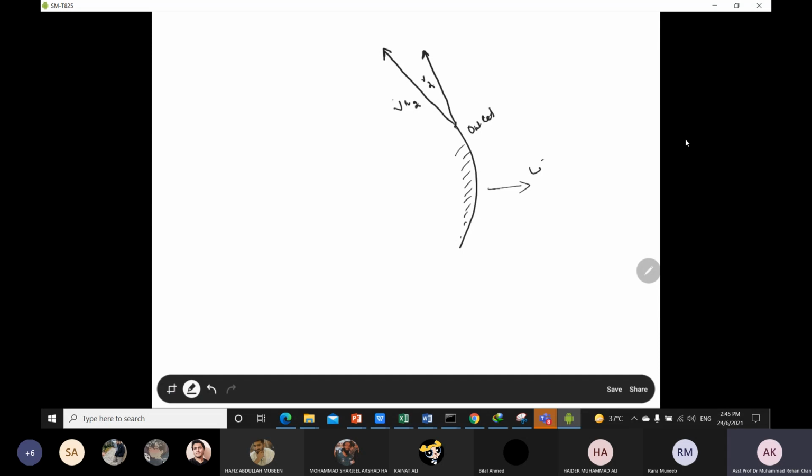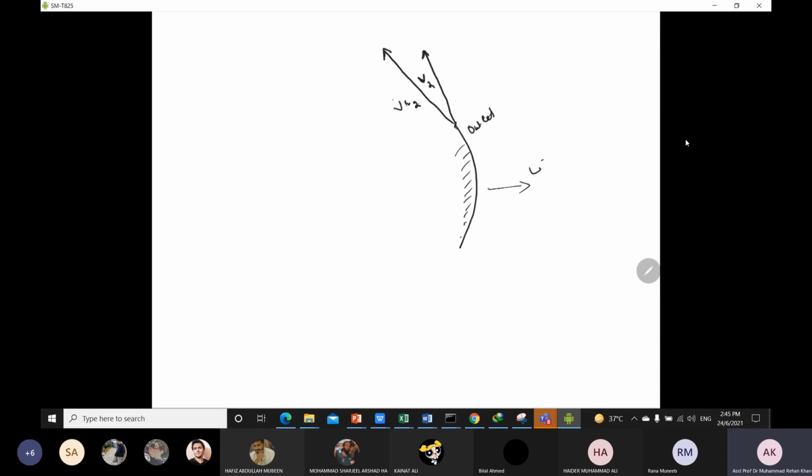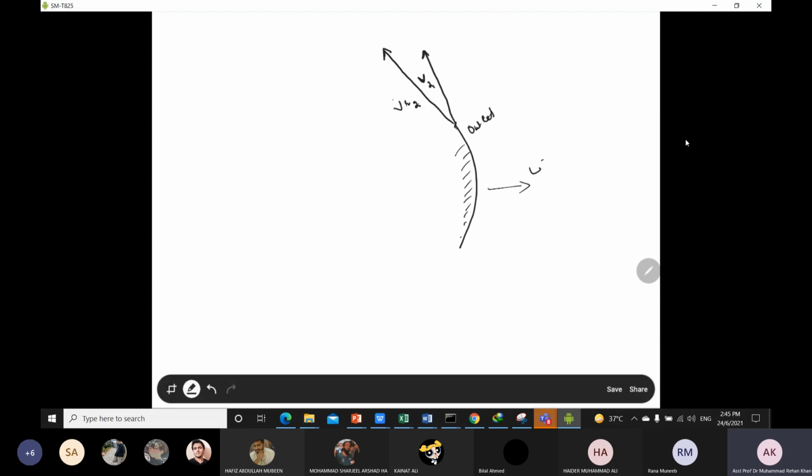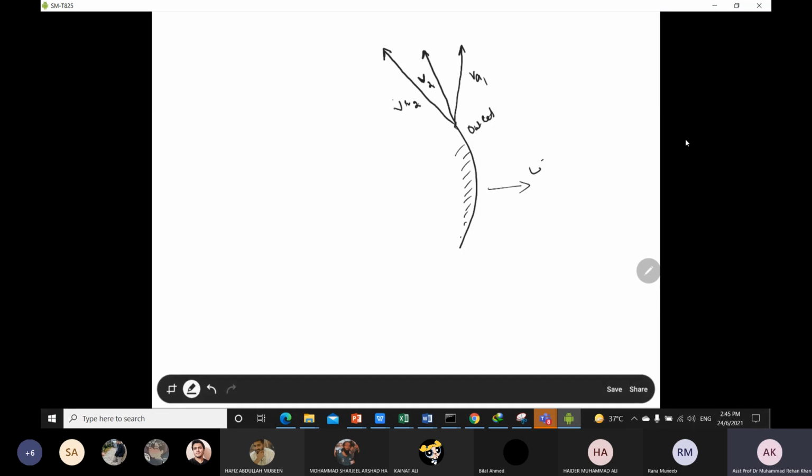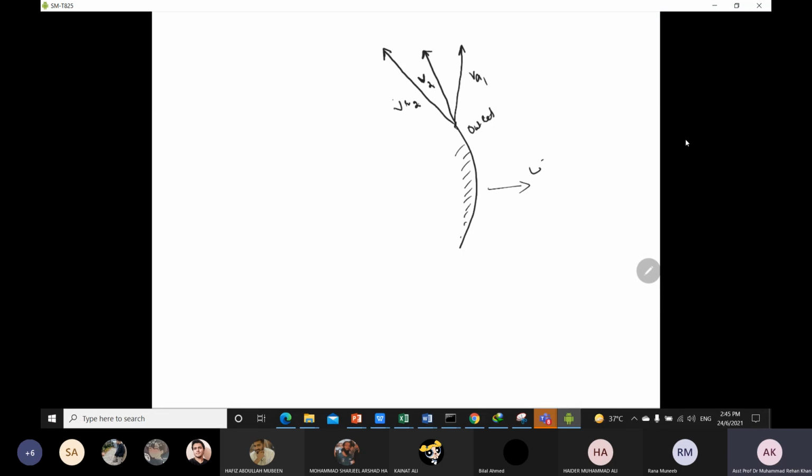Similarly, V2 is the absolute velocity, and this absolute velocity also has two components: one is the tangential component and one is the axial component. The axial component you can draw like this, and then we have the tangential component, so you can draw another line.